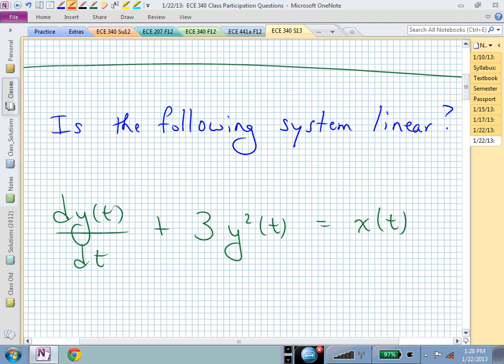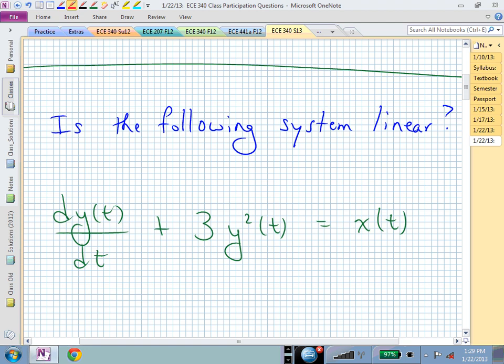It's kind of buried there, but we have y times y. That's a product term. We have y squared. Just this little piece causes that whole system to be nonlinear. If you tried to plug in x1 and here's y1, here's x2 and here's y2 solution, you won't be able to show that relationship that we showed for this differential equation. It won't happen because of this product of output.